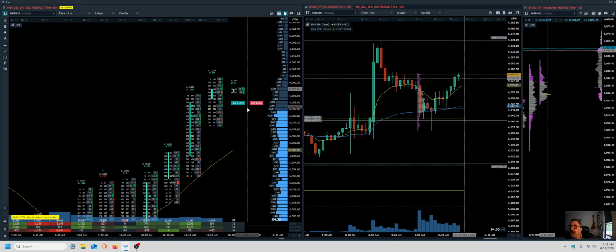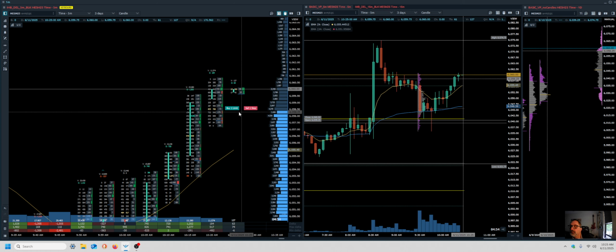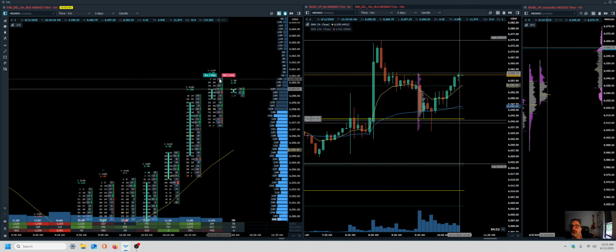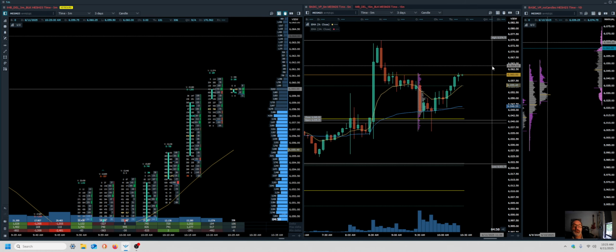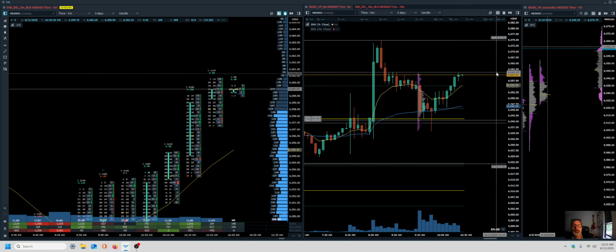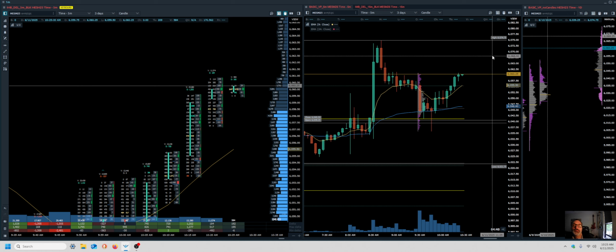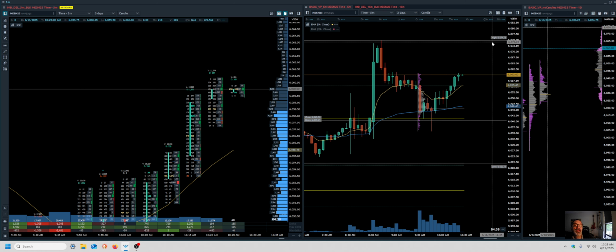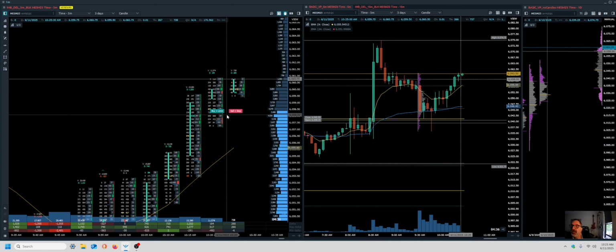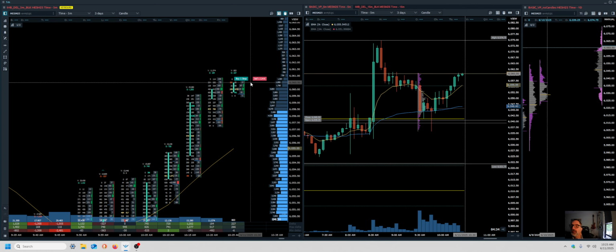All right, I like the price action here. If you get past 63, probably get to 70 to the high. So let's go ahead and check that out.